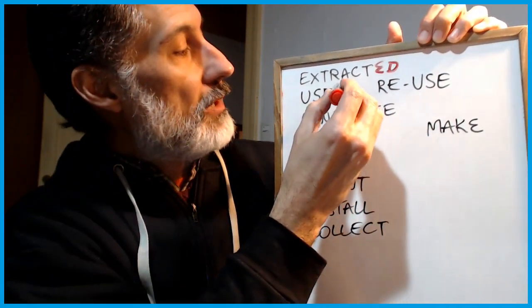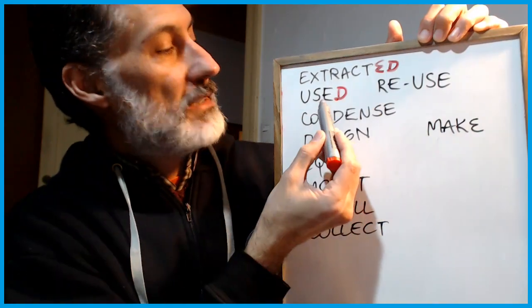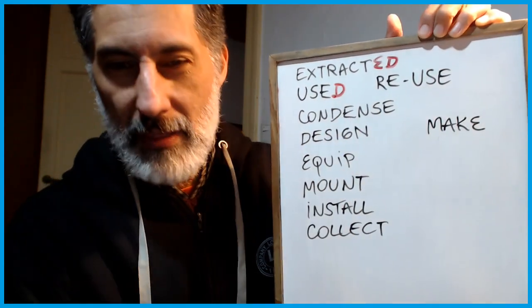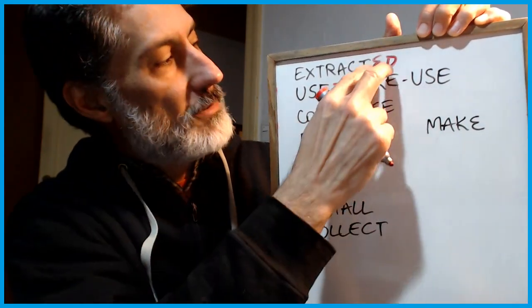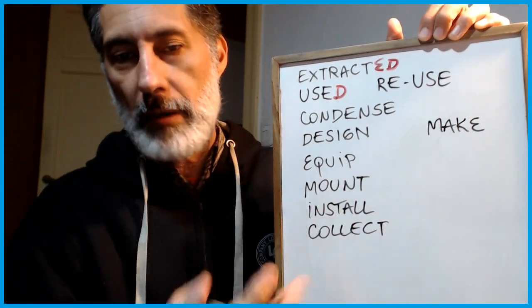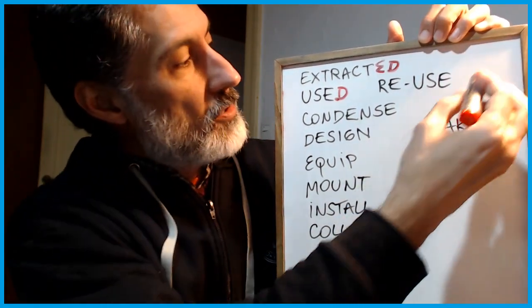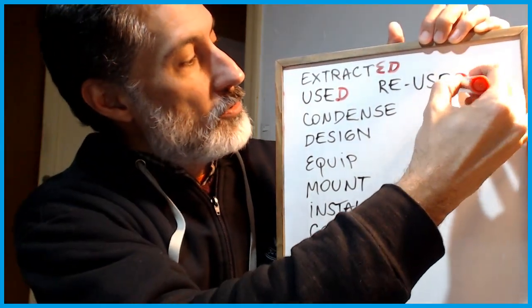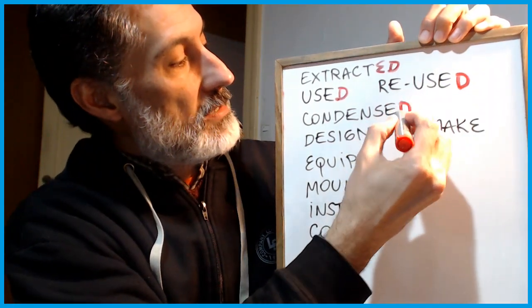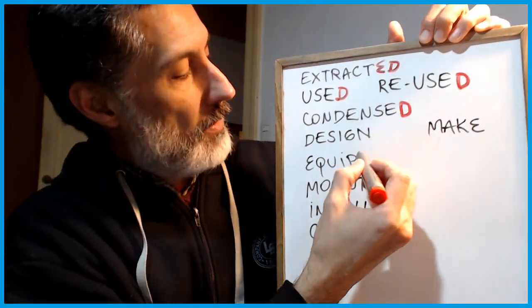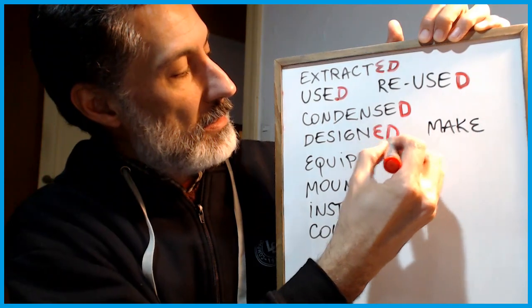De usar o utilizar ya es utilizado. Como ya tiene la E y es regular, le agrego la D. Pero si no la tiene, tengo que agregar ED. En general, verbos regulares en inglés. Yes? So, reuse es reused, condense es condensed, condensar, condensado, designed, in this case.